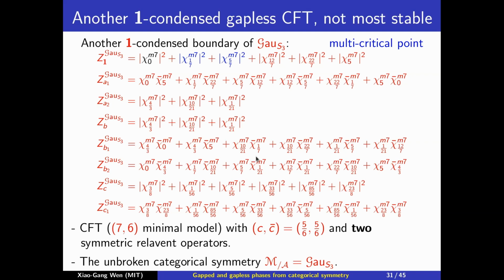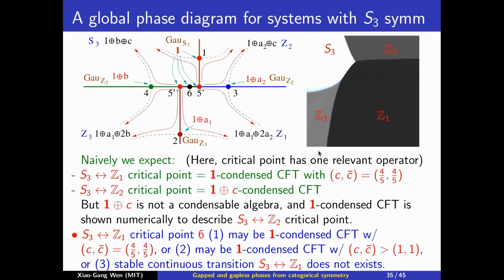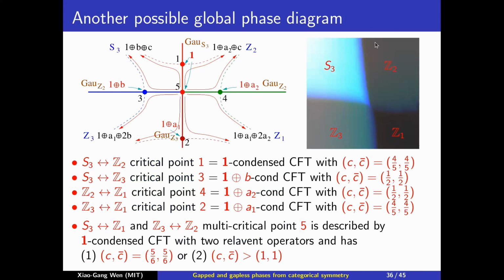The central charge here is pretty low, so the thing that you can see is, if this transition has central charge bigger than 1, then when this transition shrinks to a point to become a multi-critical point, the central charge should be even higher. That's the convention. So if this is a multi-critical point, maybe it should be even higher than 1.